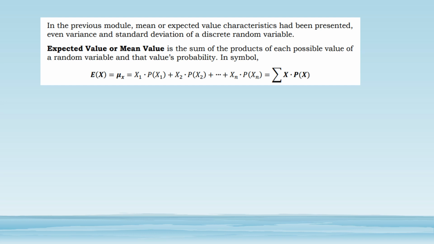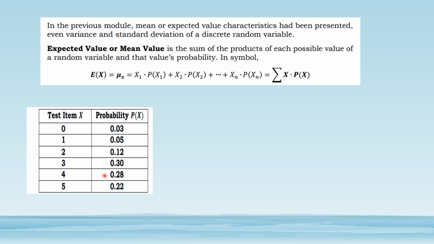In symbol, we have expected mean is equal to x sub 1 times probability of x sub 1 plus x sub 2 times probability of x sub 2 plus up to x sub n times probability of x sub n.